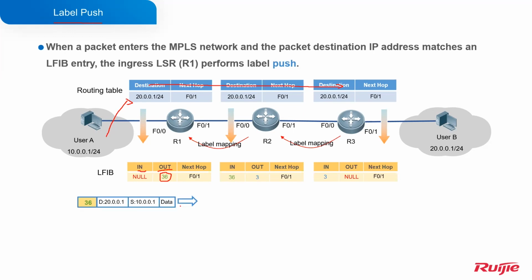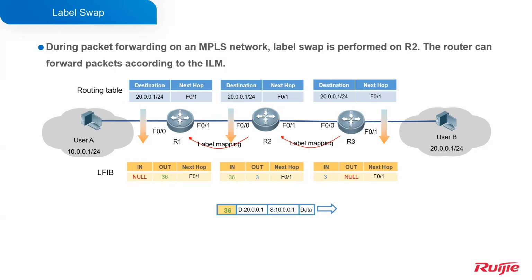And for the next step, route 1 already sent out the message out of interface F0/1 and takes the label 36. Then when the message reaches route 2, we will take the 36 to match the LFIB table.